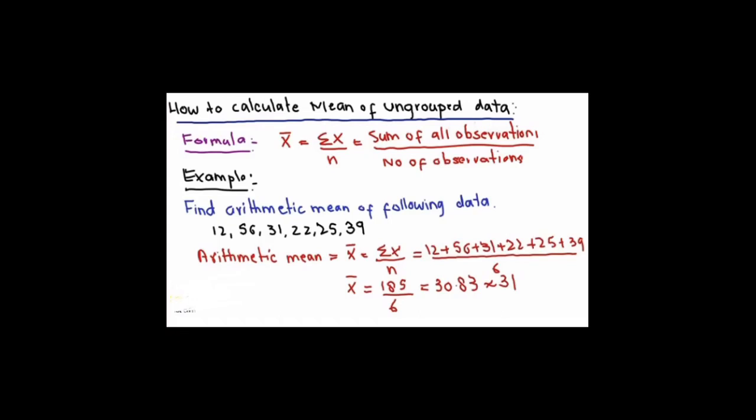So x bar or arithmetic mean is equal to 30.83, or it is rounded off as 31. So in the given ungrouped data or individual series, when we calculate arithmetic mean using direct method, we come across the value 31, which represents arithmetic mean.